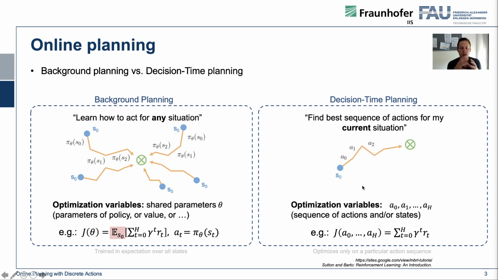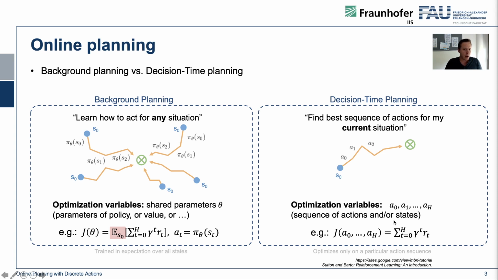So we consider a sequence of actions, and we are optimizing over a sequence of actions depending on a certain state. To put it formally, our optimization variables in decision time planning are a sequence of actions that we might take starting in some state S_0 until our planning horizon, which is some goal that we want to end up in.